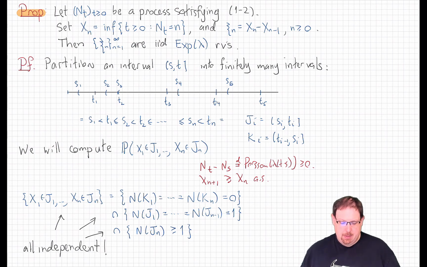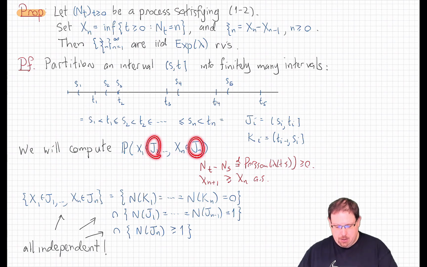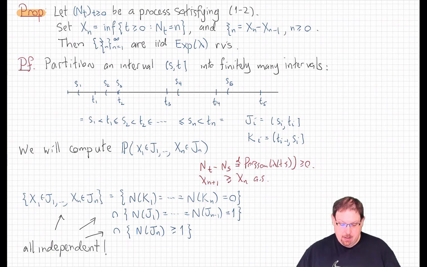Now let's actually be even more precise and persnickety than that. Let's specify a collection of intervals. We're interested in the probability that X_1 through X_n lie in a certain n-tuple of intervals, J_1 through J_n. If that's going to happen, then those J_1 through J_n should be, in some sense, an increasing family of intervals.